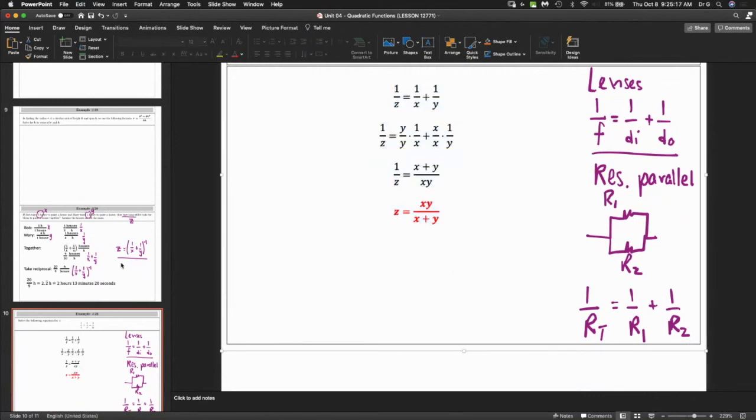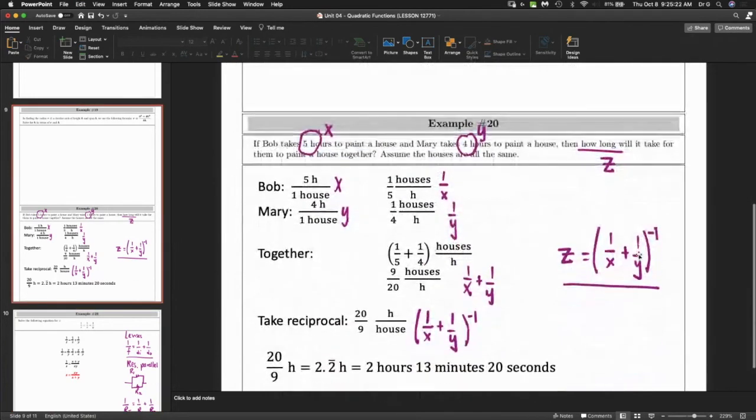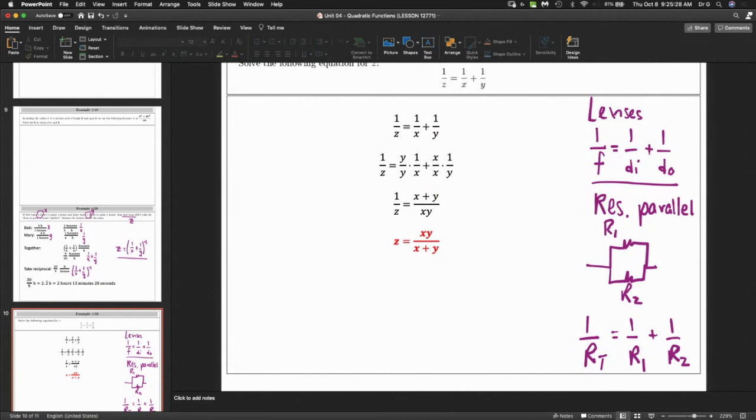If you go back to the Bob and Mary formula, which was over here, sorry guys, I'm waiting for my screenshot to appear on the desktop. It's a little high speed. Where'd it go?